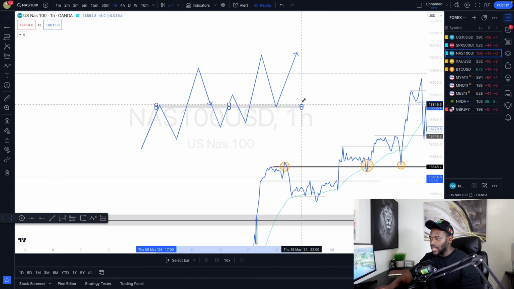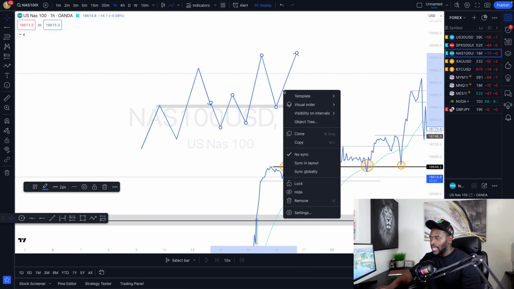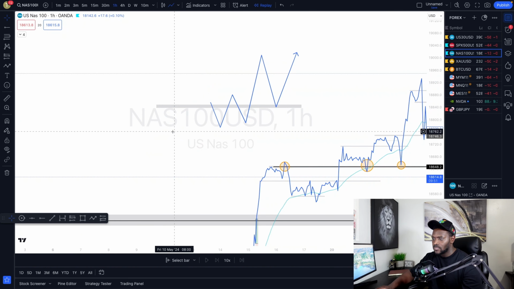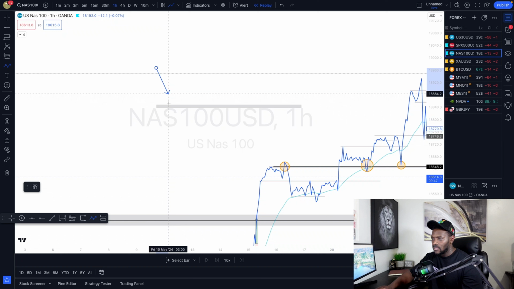It'll have its reaction if it's in an uptrend, and let me see if I can flip this upside down or something. Downtrend will be the exact same. Not the exact same, obviously. It'll come back down to here.